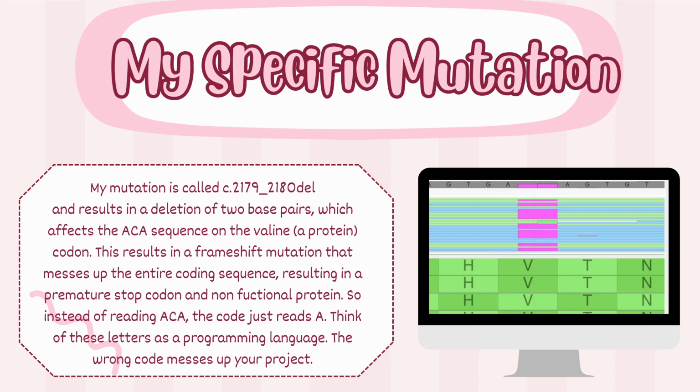What is my mutation? Well, my specific mutation is called 217L2180del. Del stands for delta, which used to be represented as a triangle. Now it just means deletion. So if you look at some old references in journals, and it talks about a delta gene, delta means deletion. In my case, you could see here in the picture, this is a deletion of two base pairs, and what is missing is A and C in the sequence.